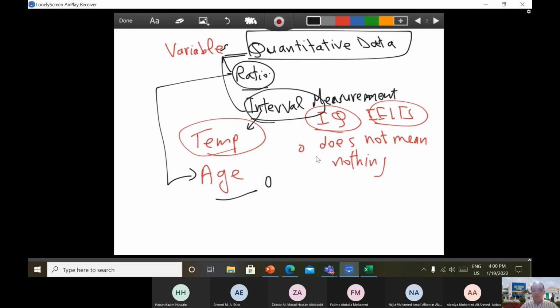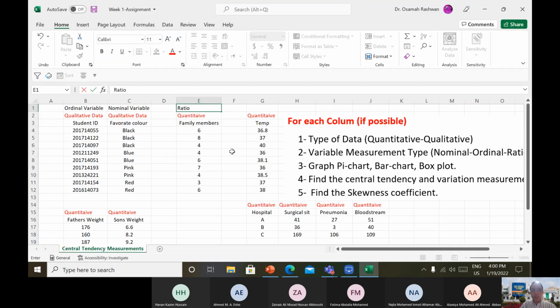The interval is when you have zero that doesn't mean nothing, right? In the ratio, zero means nothing, right? Zero means nothing. Okay. So this one will be what? Ratio variable.